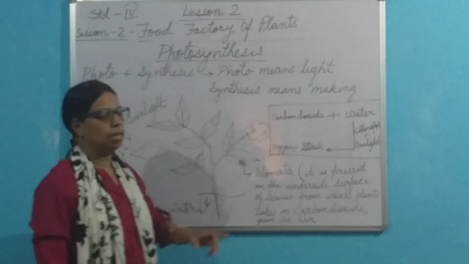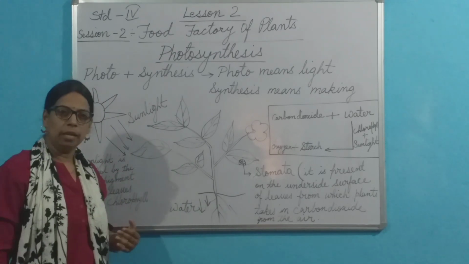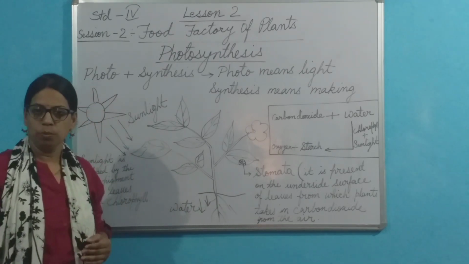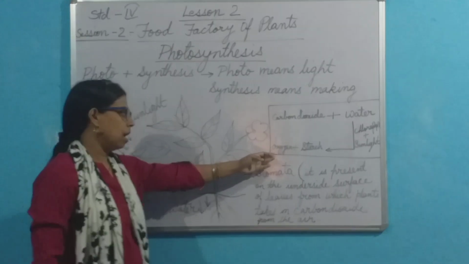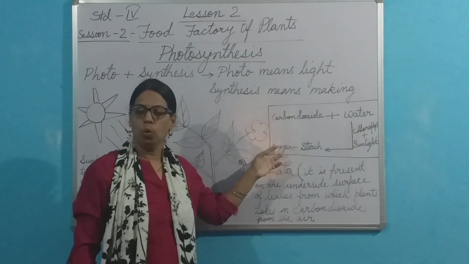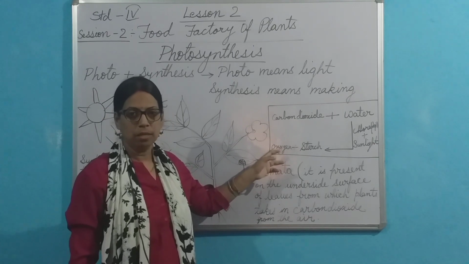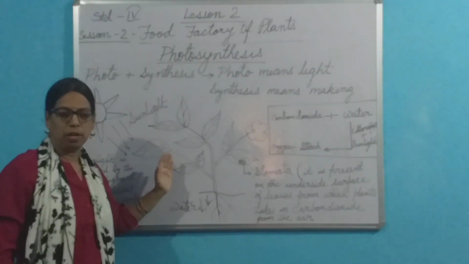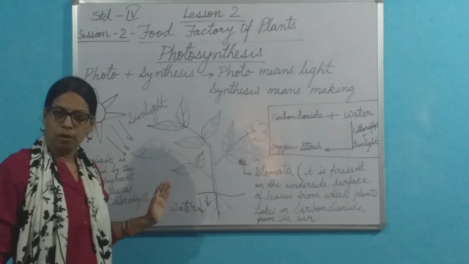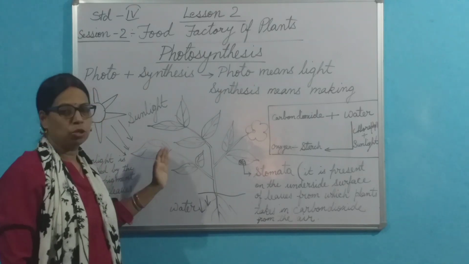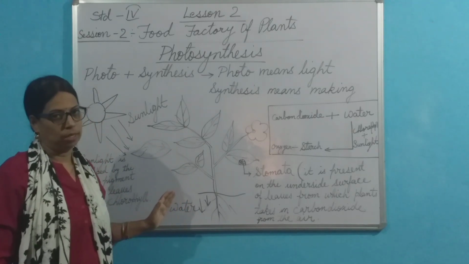This oxygen is used by all other living beings, animals and human beings for breathing, and as you know, without oxygen no human beings, no animals can remain alive. That means plants are very, very important for our earth, and without plants no life is possible on earth.